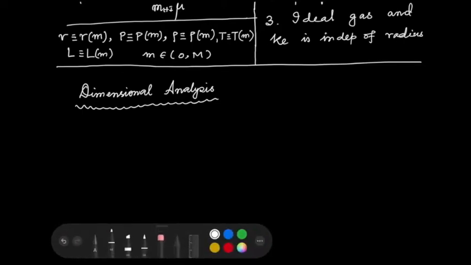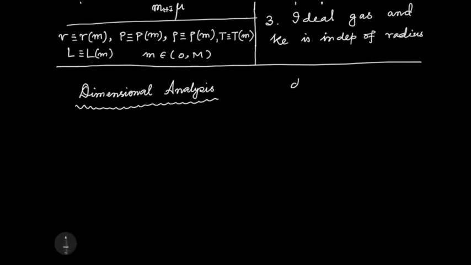So let us start. So what we do is the following. We define dimensionless quantities. We define first a dimensionless mass, which is x. It's nothing but small m, which is the mass within the radius r, divided by the mass of the star.